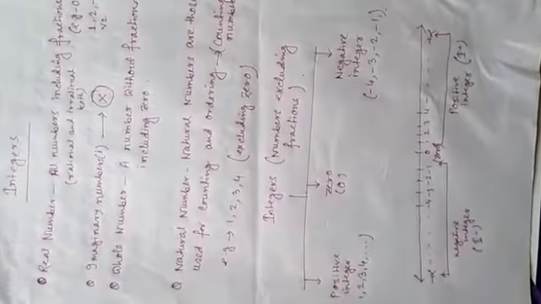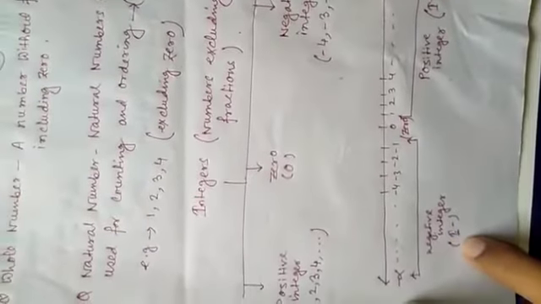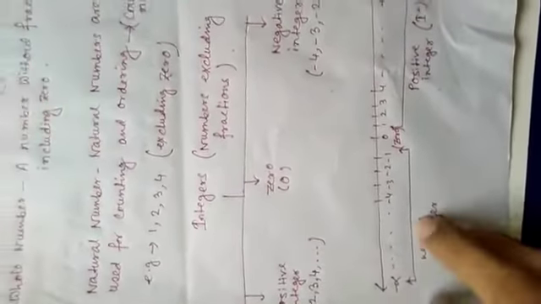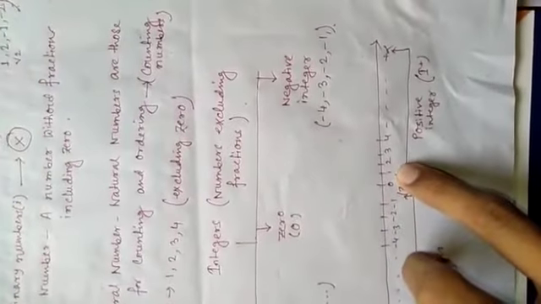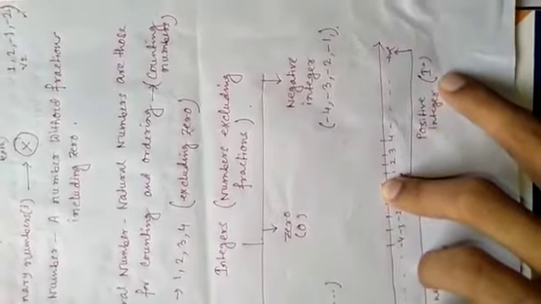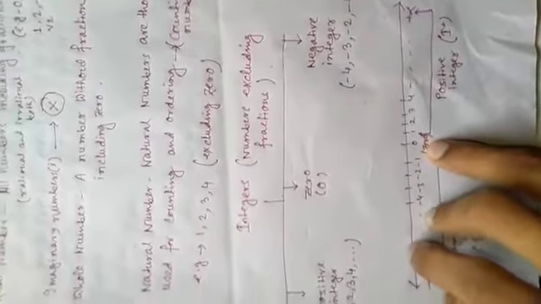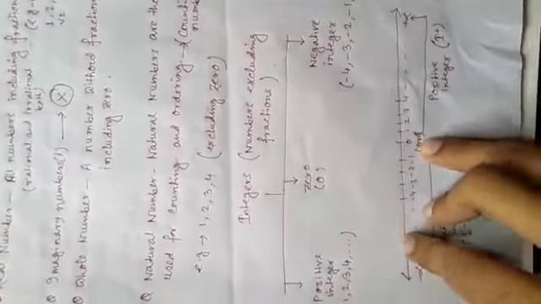In the number line plot, we can plot this like this. From minus 1 to minus infinity, they are all negative integers, denoted by I minus. And from plus 1 to plus infinity, they are all positive integers, denoted by I plus, and it is 0. Okay, this is the basic things about the number system.